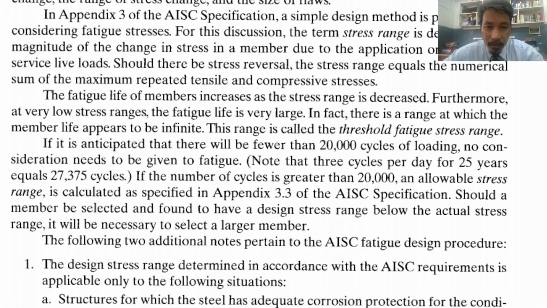So if the number of cycles is greater than 20,000, the allowable stress range is calculated as specified in Appendix 3.3 of AISC. So 20,000 is estimated to be 25 years.